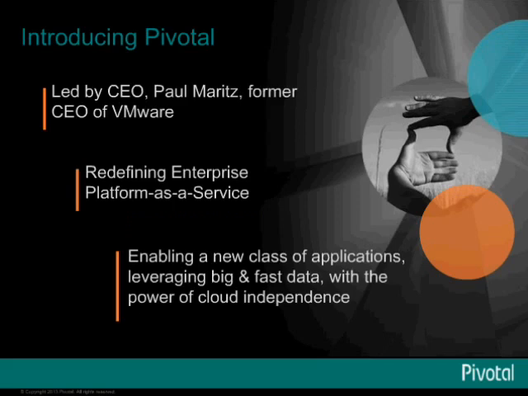If you're not familiar with that concept, I like to give the one-sentence elevator pitch as enabling a new class of applications that leverage big, fast data. And I like to say in cloud-like infrastructures, we also emphasize cloud independence because we're not tied to one particular cloud infrastructure. But the point here is combining three elements: applications that deal with big, fast data, and cloud infrastructures.